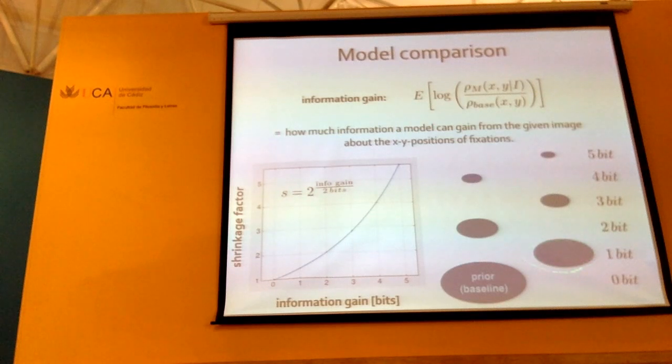So it would be this size. And if you had 2 bits, it would shrink to this size, 3 bits this size, 5 bits this size. So it's something very intuitively accessible if you think of it in this way. So basically the measure measures how much the scatter is reduced, not only for this uniform distribution, but for arbitrary distributions.